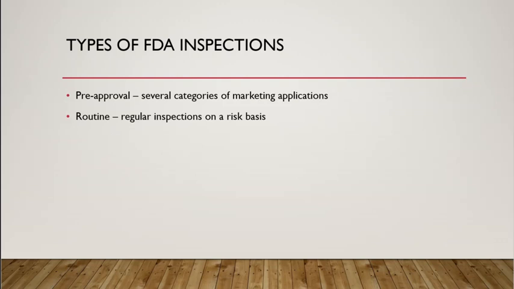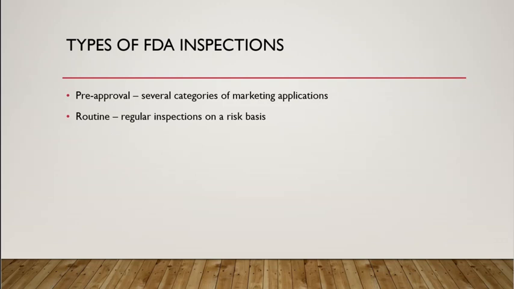So one of the types is the pre-approval inspection, and another is the routine inspection. These will be routine either based on a time schedule or on a risk basis. What the risk basis means is, if you're involved with a risky product or a risky manufacturing or development process, you'll probably get inspected more frequently just because of the risk.